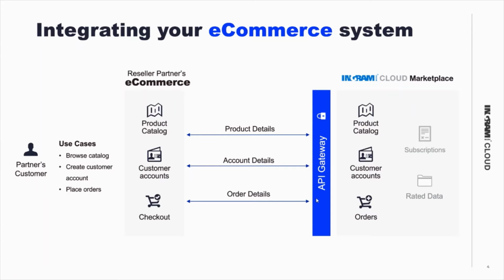This way you can get all our catalog information, sell it through your e-commerce platform, and then if a customer places an order with you, you will place that order automatically on Ingram Marketplace. So as I said before, you could be able to sell Ingram products through your own e-commerce service.